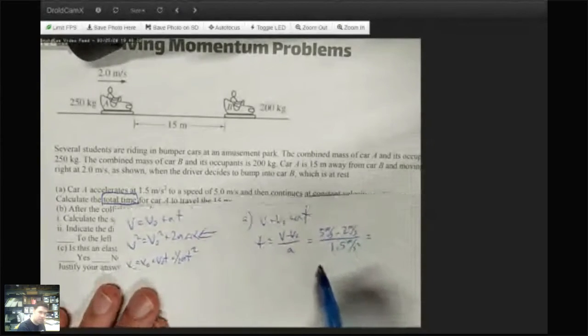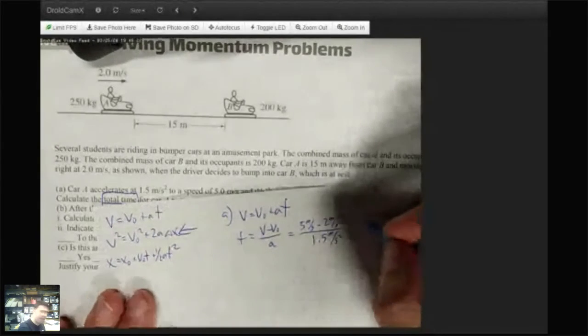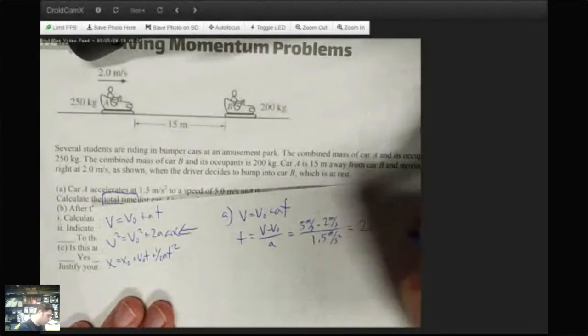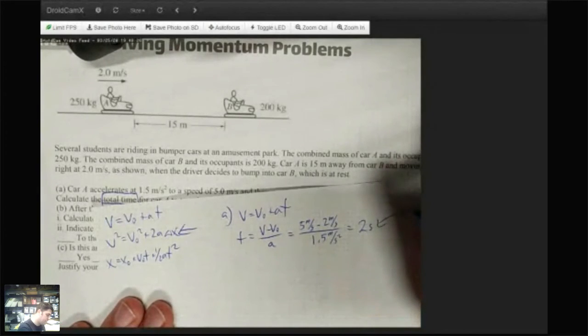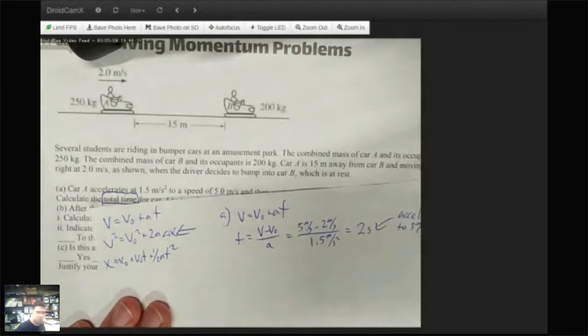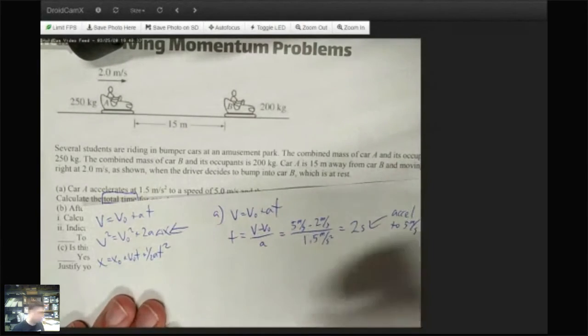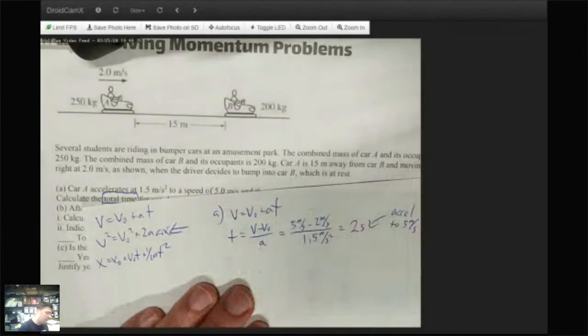So that's 3 divided by 1.5. That takes a total of 2 seconds. So this is 2 seconds to accelerate to 5 meters per second. After that, I know I'm at 5 meters per second now. Now I need to go the rest of the distance.